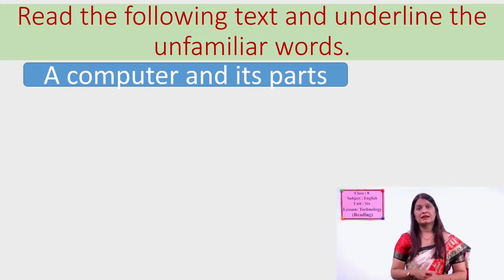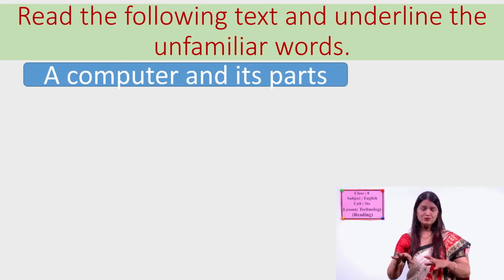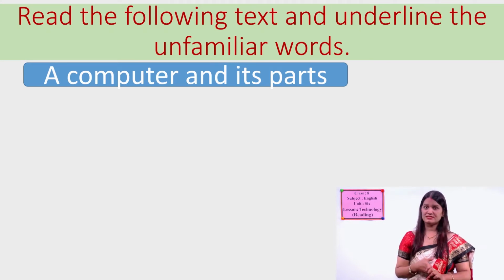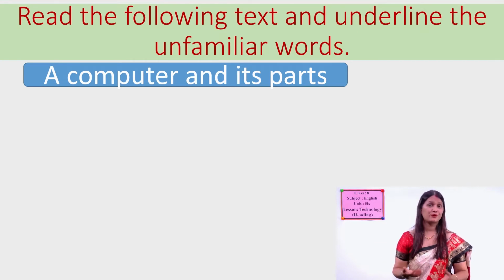So now, I give you 5-7 minutes, okay? You have to go through the text, and if you find any unfamiliar or new words for you, please underline that, okay? You don't have to do other things, just read and underline the unfamiliar words if you find. If you find that all the words are familiar, then no problem.